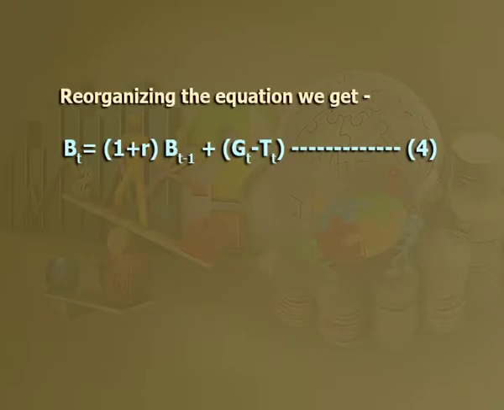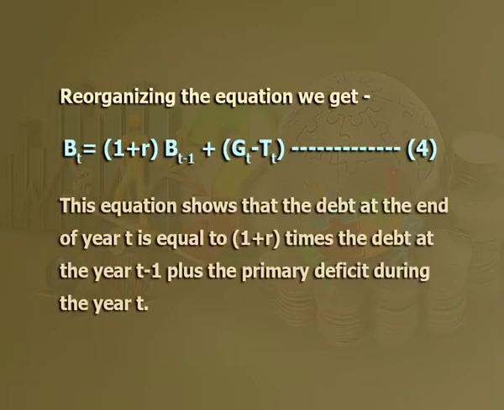Reorganizing the equation, we get B_t equals (1 plus r) times B_(t-1) plus (G_t minus T_t). This is our equation number 4. This equation shows that the debt at the end of year t is equal to (1 plus r) times the debt at year t minus 1, plus the primary deficit during year t.